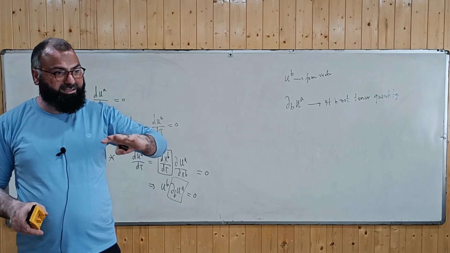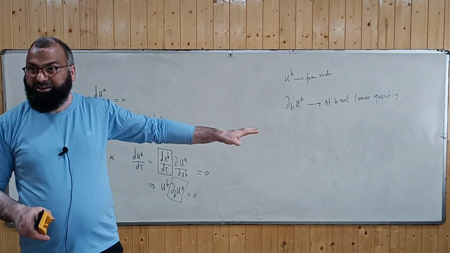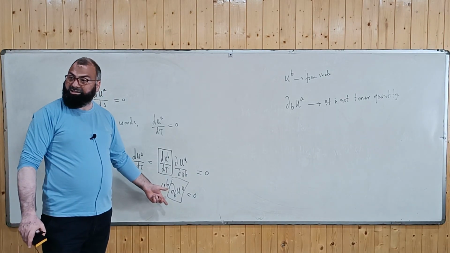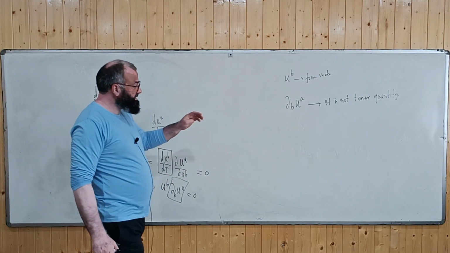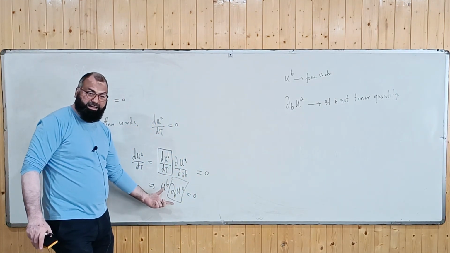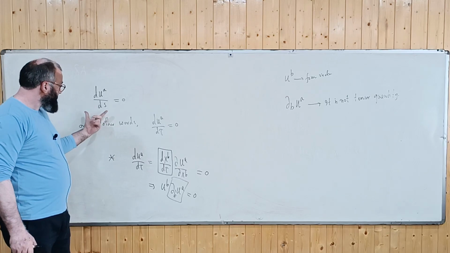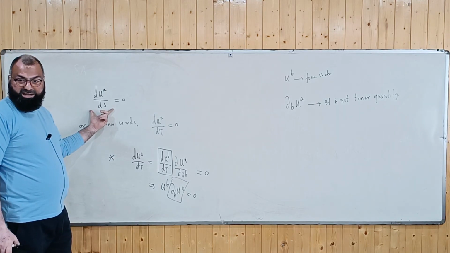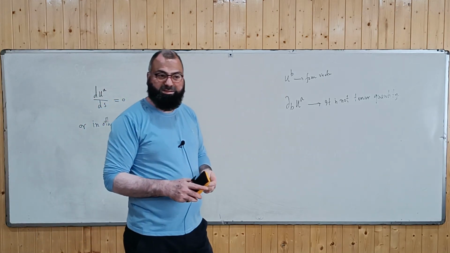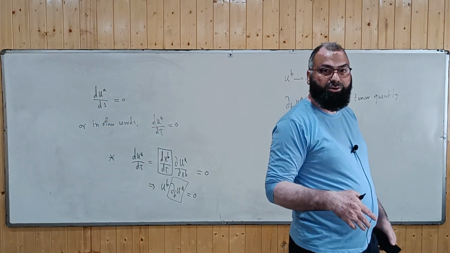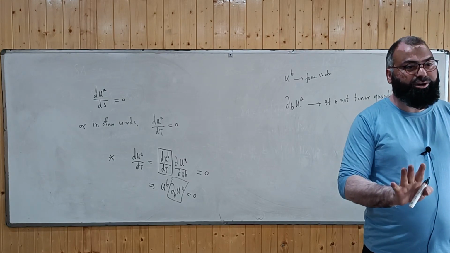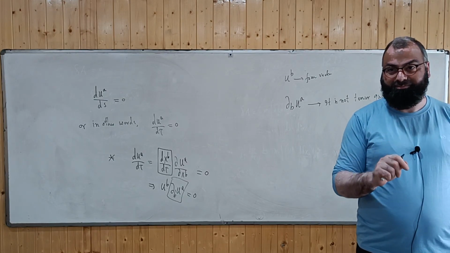But in the special theory of relativity, it is a tensor, so it holds in all inertial frames of reference. Since this object is not a tensor under a general coordinate transformation, this equation will not hold in any other frame of reference. Now the question is why there is a problem.